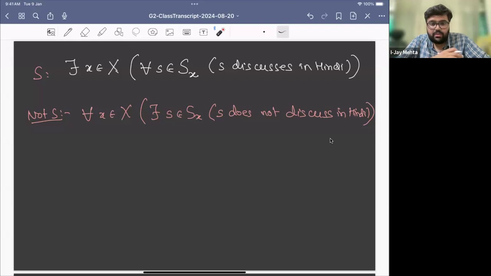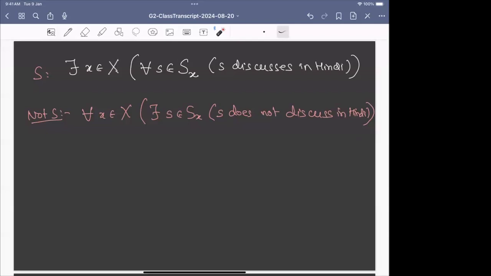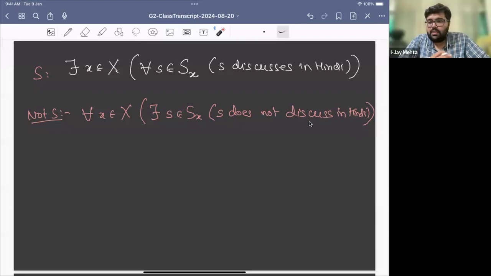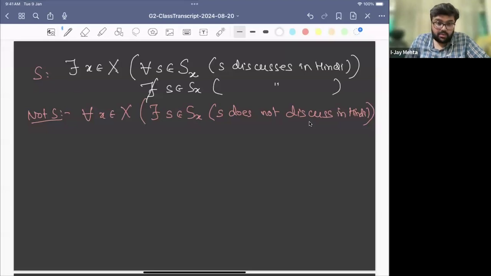Pawan? Sir, please explain again. Can you clear this doubt in your discussion? Okay, what she was saying is there does not exist any S in X for which this is true. S discusses in Hindi, there is no such student, but it's the same thing.